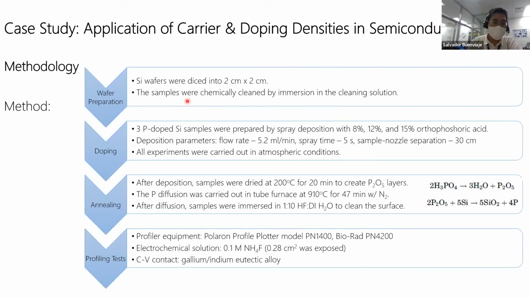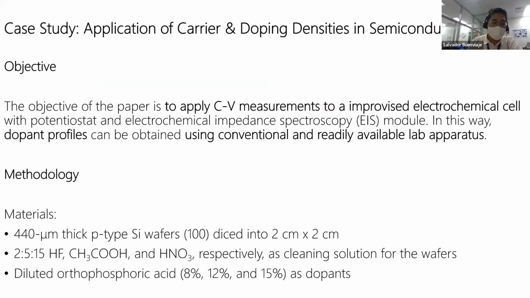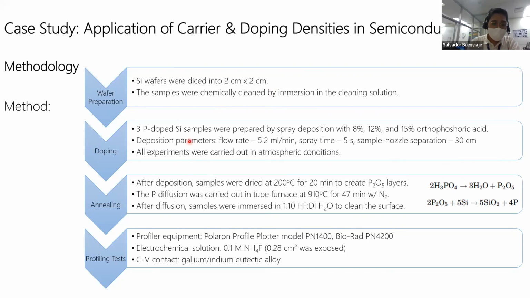The wafers are first prepared, diced into 2 cm by 2 cm, and chemically cleaned by immersion in this cleaning solution in this ratio. Then the 3 P-doped silicon samples were prepared by spray deposition using the 3 different concentrations of orthophosphoric acid. These are the parameters of the spray deposition.